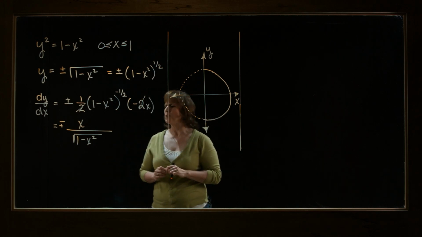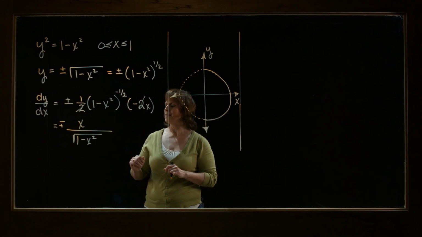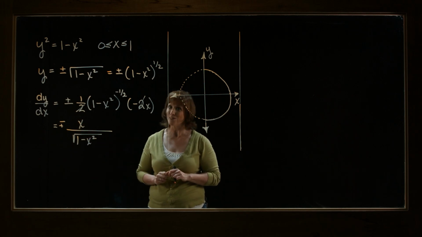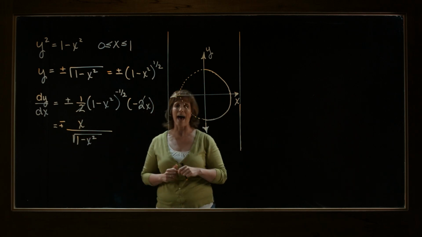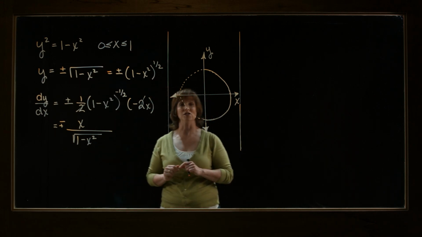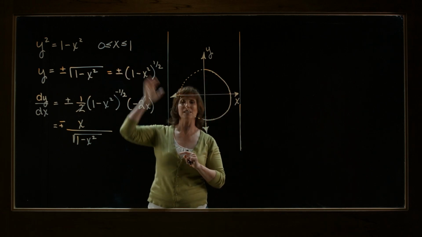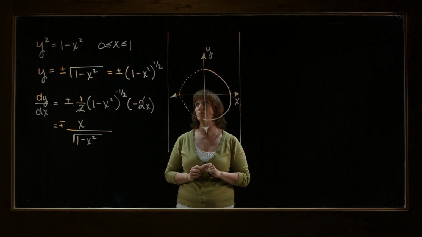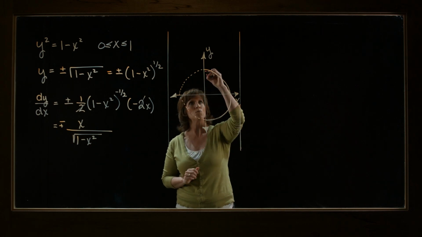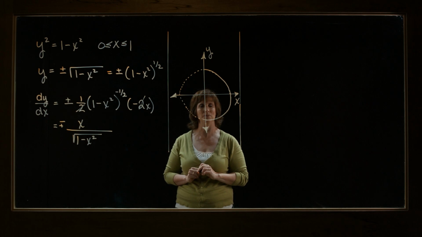Now we know that the derivative is the slope of a tangent line, so it's a little strange maybe that I have a plus or minus. Well, it's not really. Let's take a look at my graph. When I graph my original equation, I get a circle. But this stipulation that says that x has to be between 0 and 1 means I'm really only looking at this right-hand half of my circle.